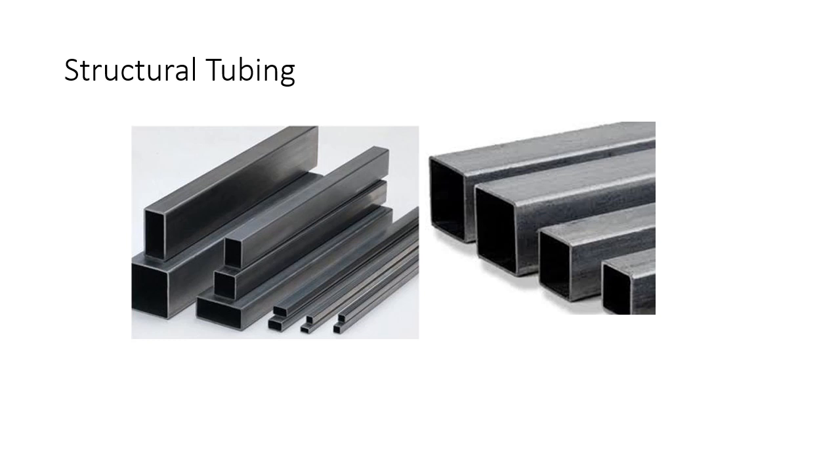So that's a lot of the uses of structural tubing, where you don't need a channel or an angle iron, but you'd need something that was more fully enclosed, maybe to keep the moisture from getting in a crevice or something. But this is what structural tubing is.